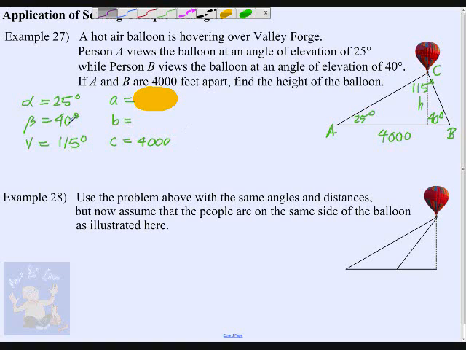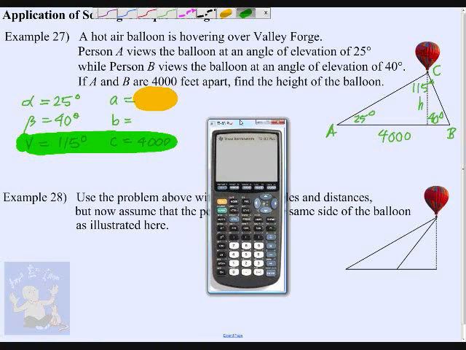And we're going to do this with law of sines. And I do have a pair. Here's my pair that I can use. All right. So, the sine of 115 degrees divided by 4,000 is, this is scientific notation. Notice we're to the -4, so we're going to move the decimal place 1, 2, 3, 4.